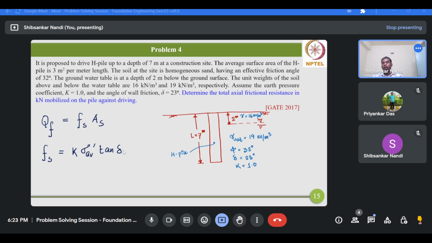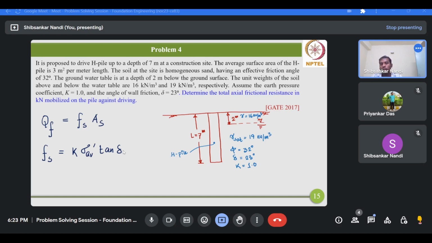Now there is one more difference between the previous problem and this problem, that is the location of the water table. Earlier, in the previous problem, there was no water table, at least within the length of the pipe. However, in this problem the water table is located at a depth of 2 meters from the ground surface.